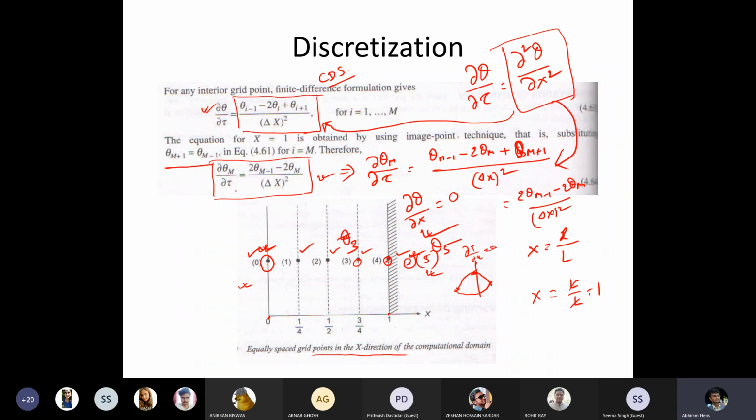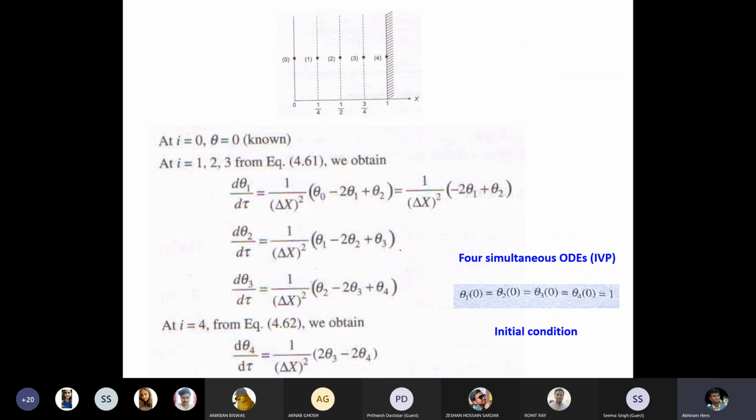This is how the governing equation at the right hand side boundary point can be written. So let us consider one of the equations, and all other points can be written very straightforwardly like this one, or at I equal to 0 this point is known to us, and this we have already written.